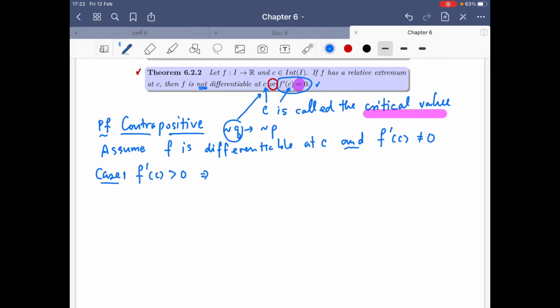So it means that this limit as x goes to c of the quotient (f(x) - f(c)) divided by (x - c) will be positive, okay?